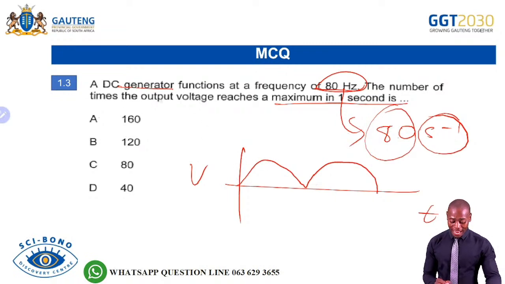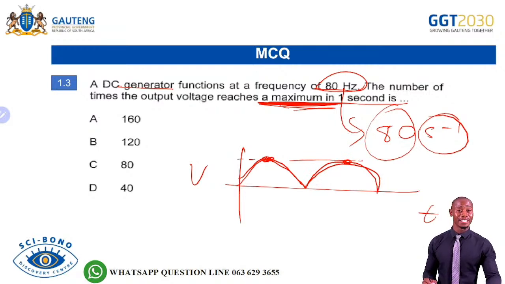The number of times the output voltage reaches the maximum in 1 second. So here, let me just draw the graph of output voltage versus time for a DC generator. I'm having something like this. So this is the output voltage, and this is the maximum. This is half of a wave, this is another half of a wave. So 2 halves make 1 wave.